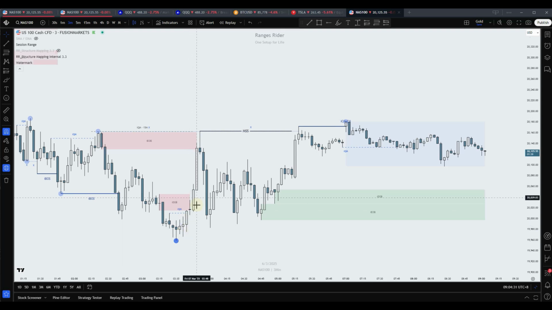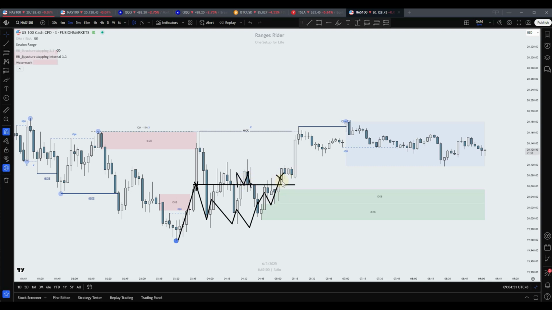But because this is very deep and reached the major structural point... but if the QM is, let's say, this leg is somewhere here like this, and then it fails, then it becomes the market structure shift here.